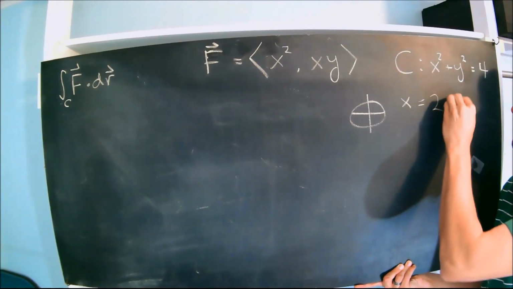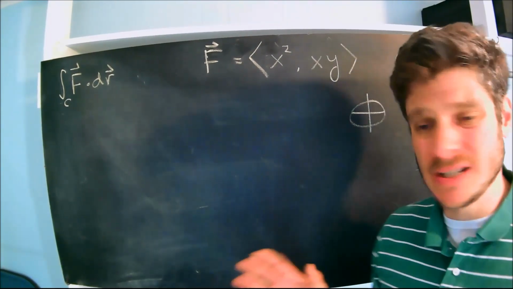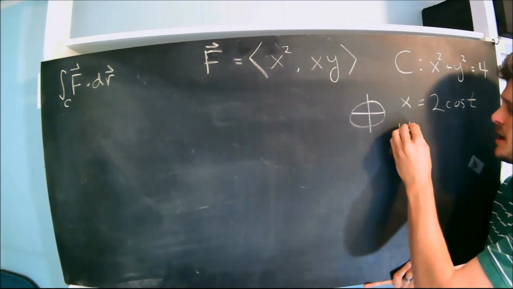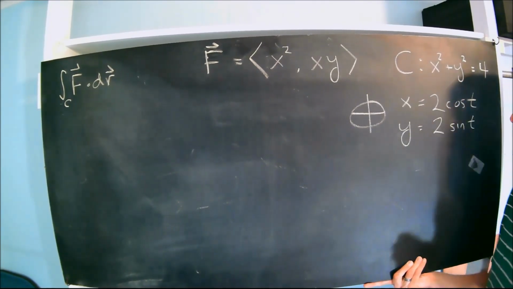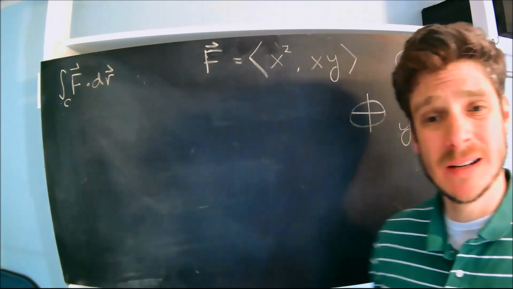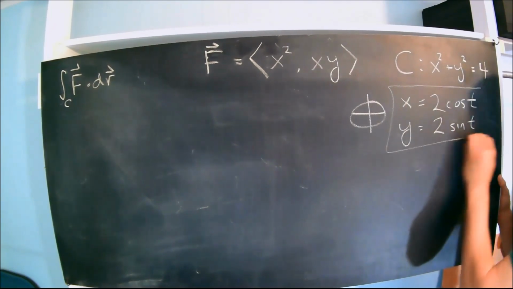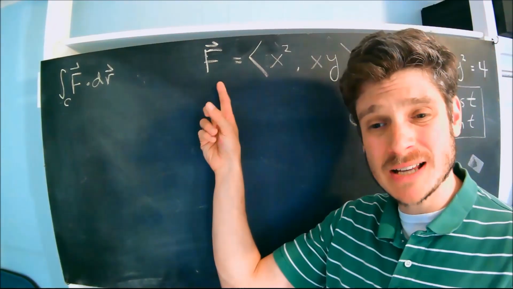So x equals 2 cosine t. And we do want to use the variable t, right, for our parameter. And y equals 2 sine t.